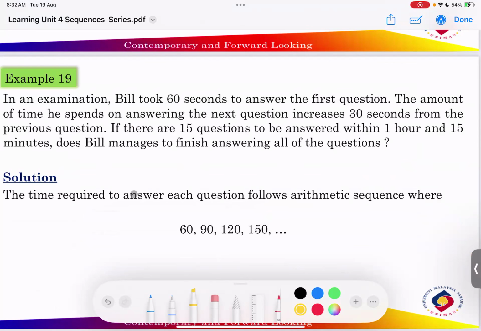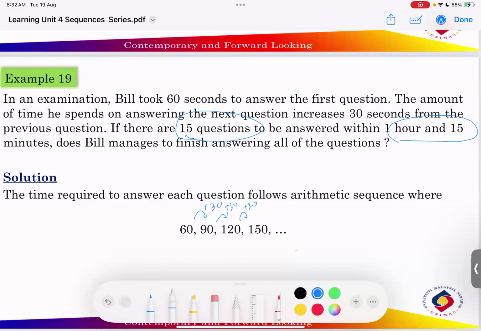So for this question, I have the solution: the first one is 60, the second one is 90, then the third one is 120, 150. You can see that it increases by 30 seconds each time. The question asks if 50 questions are enough within 1 hour 15 minutes. Think about it.